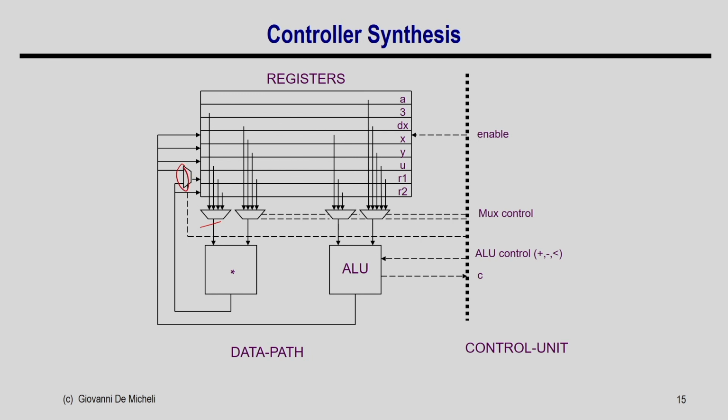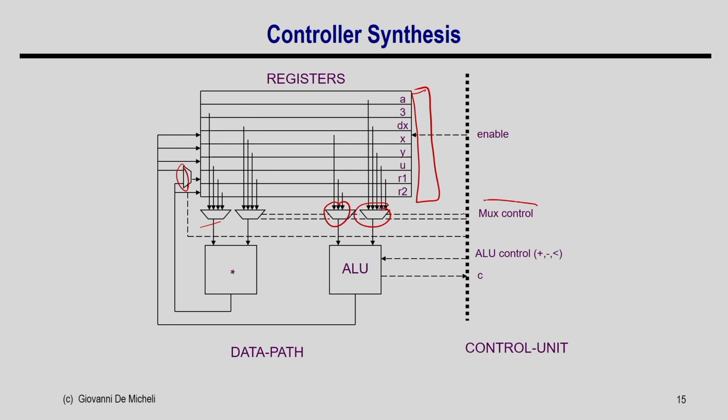So, what control signals are needed? We need a control signal for the enable of the registers, because it is not that all registers will be updated in every cycle. So, you have to stop updating the registers by an enable signal. If the enable signal is 1, then in that particular control step that register will be updated, otherwise it will not be updated, right.